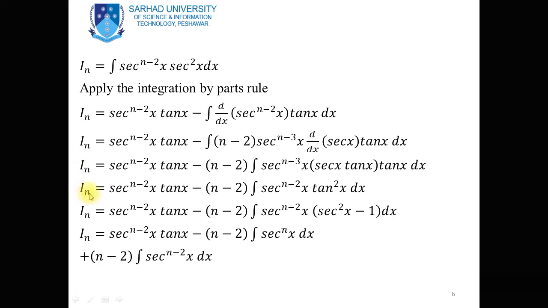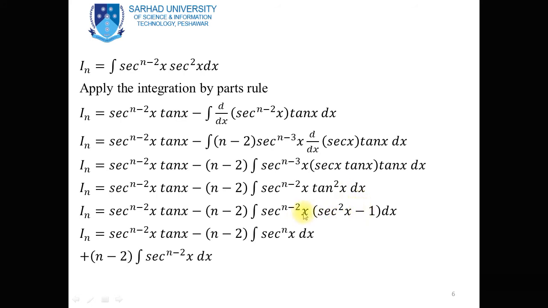Now In is equal to secant^(n-2) x into tangent x minus (n-2) into secant^(n-2), because secant^(n-3) x into secant x can be written as secant^(n-2) x into tangent x multiplied by tangent x, which is equal to tangent square x, and this dx is it is. Now again using the trigonometric identity 1 plus tangent square is equal to secant square, so tangent square x is equal to secant square minus 1.